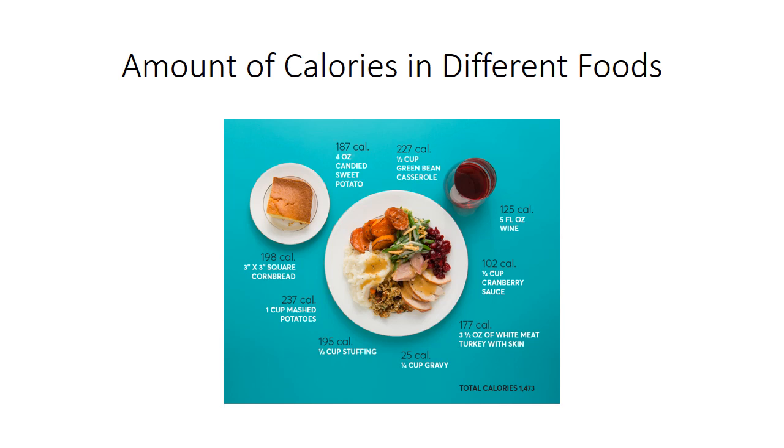But see, it shows here 1 glass of wine, not a full glass, just about 5 fluid ounces or 100 milliliters in the metric system. It has 125 calories, and it's not the most.